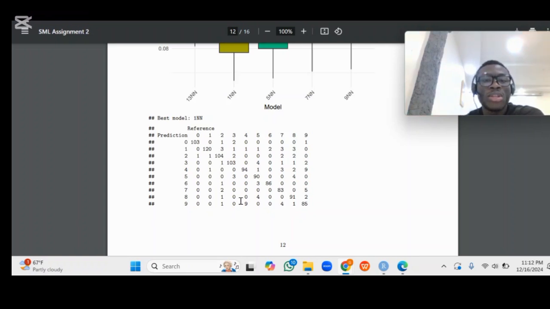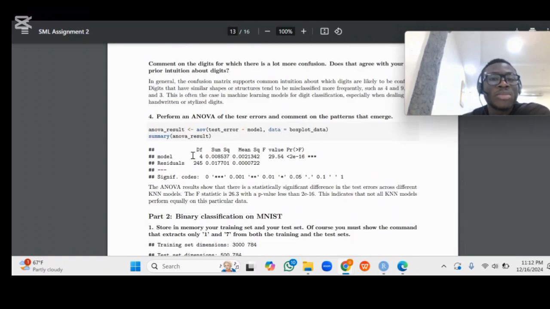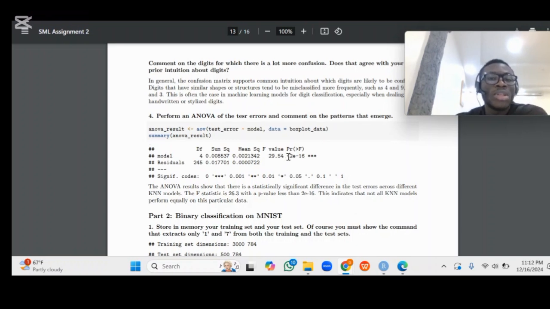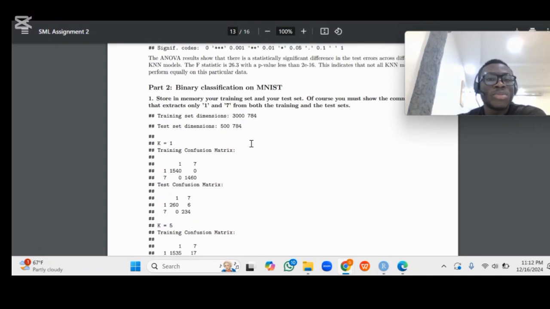You can see we have a small deviance from the actuals. We then performed ANOVA of the test errors and saw that they are significant, so we reject our H naught and say that there's a significant difference between test errors of the models.